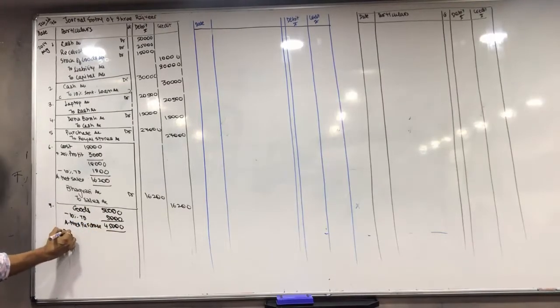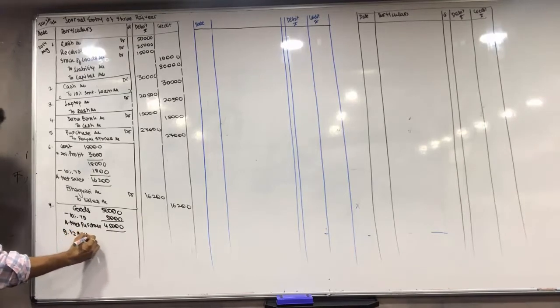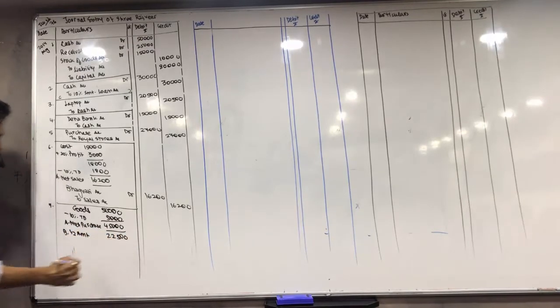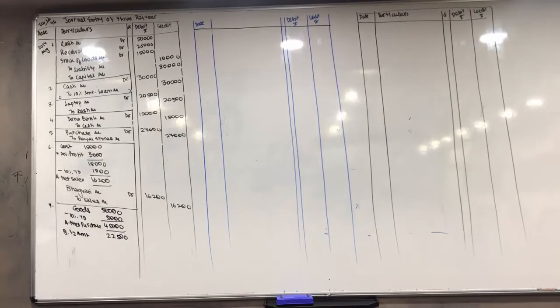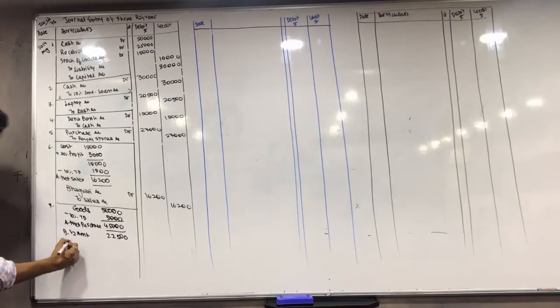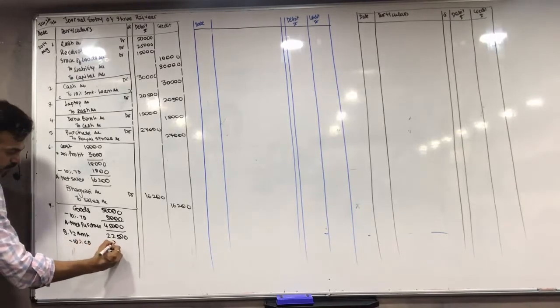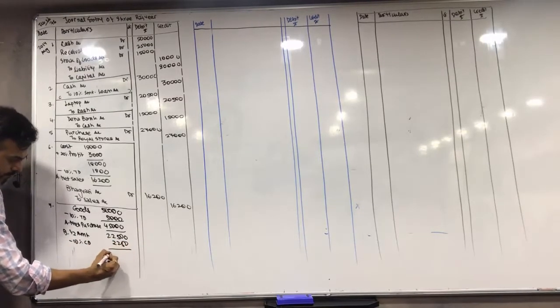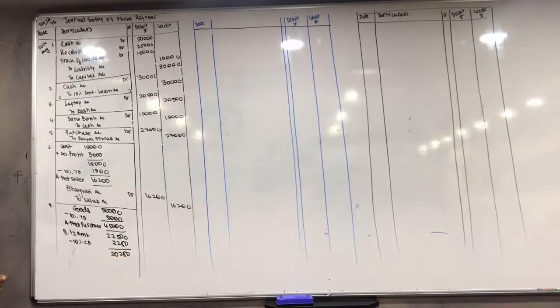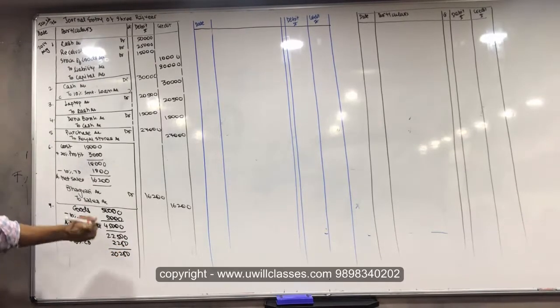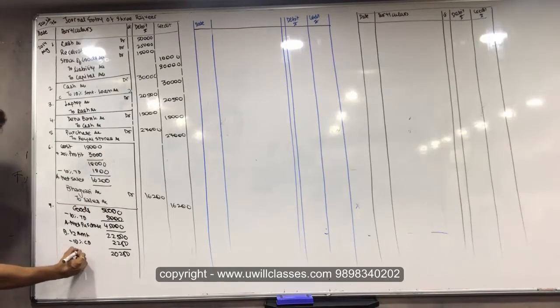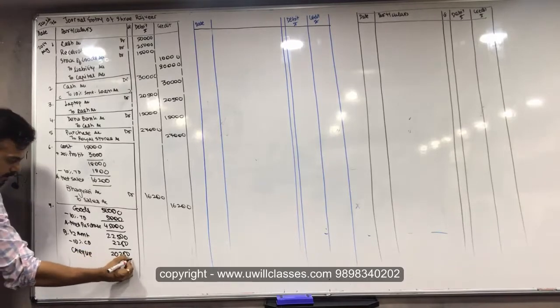How much amount settled? B, half amount so 22,500, so half amount paid. We get 10% cash discount, so minus 10% cash discount 2,250, paid by check so bank account.